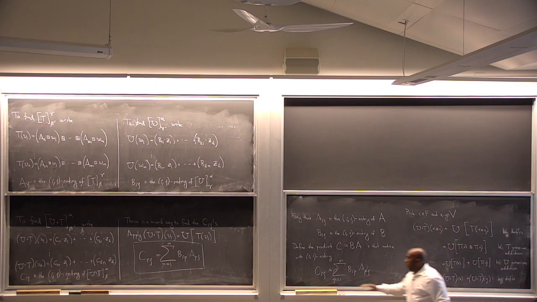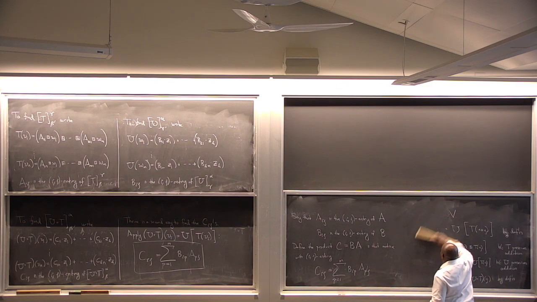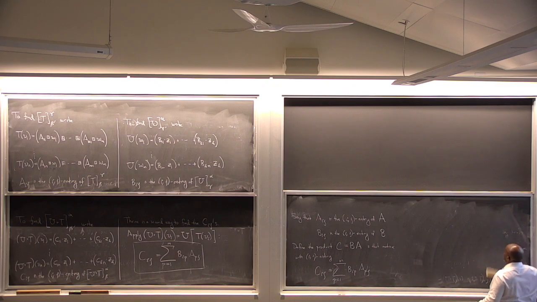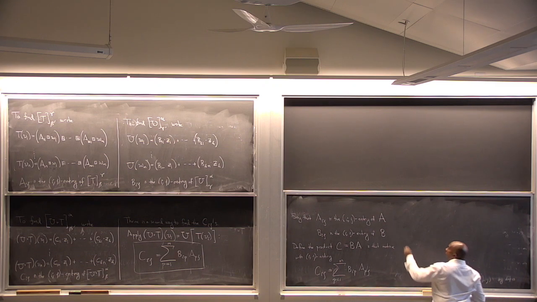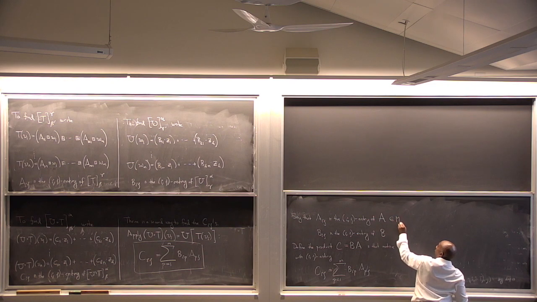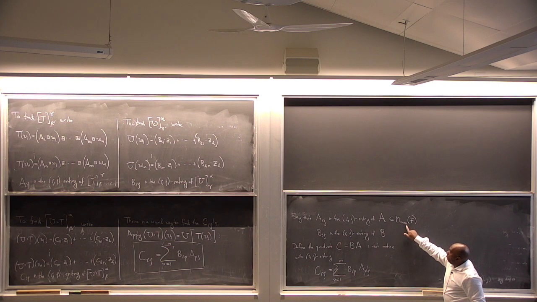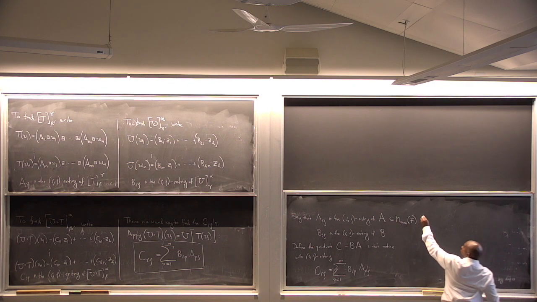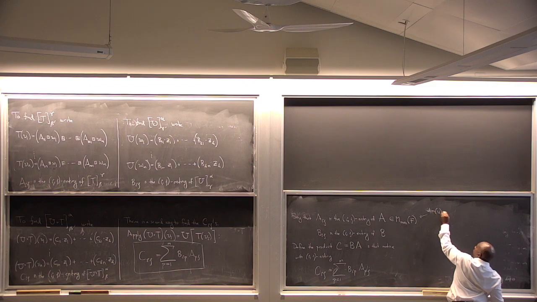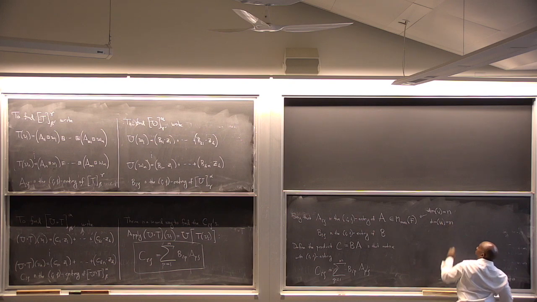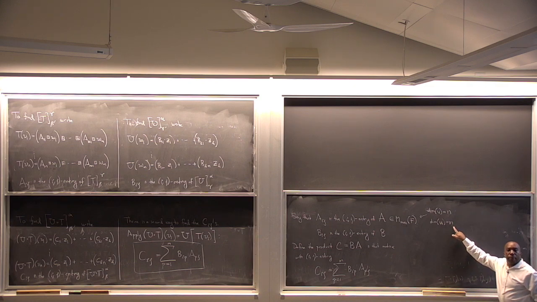Now I should perhaps be a bit more precise here, so let me be a little bit careful. A is actually an m by n matrix, because it goes from V, which has dimension n, to W, which has dimension m. Again, it goes from V to W. V has dimension n, W has dimension m.